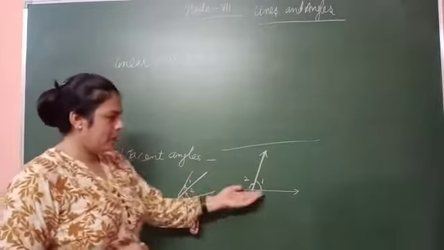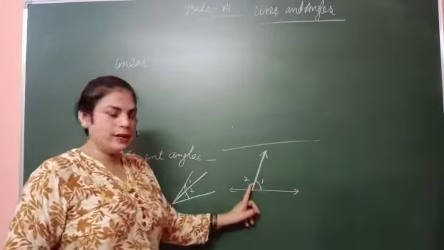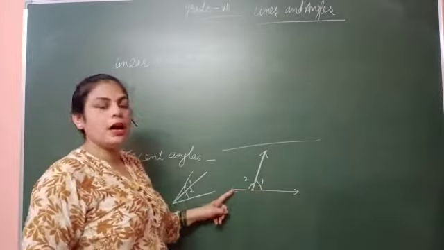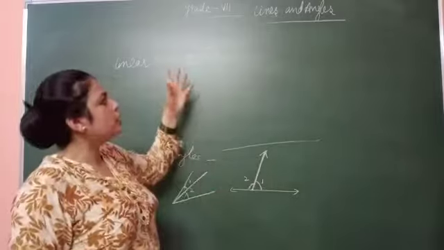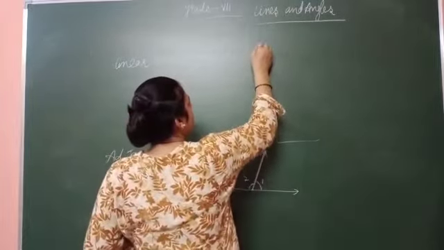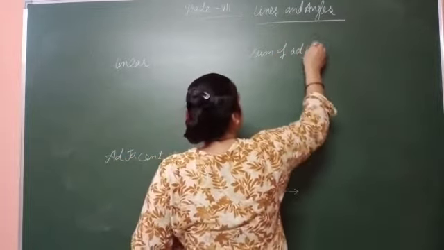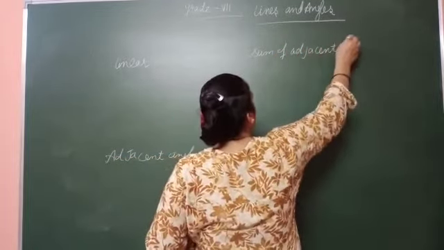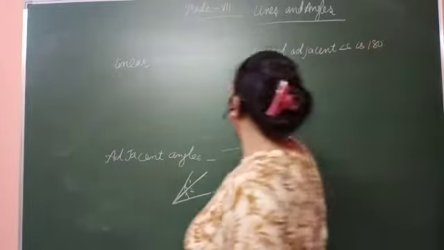Like here, this 1 and 2 are adjacent angles. Their sum becomes 180 degrees because together they form a straight line. So that is called linear pair angles. When the sum of adjacent angles is 180 degrees, then they are called linear pair angles.